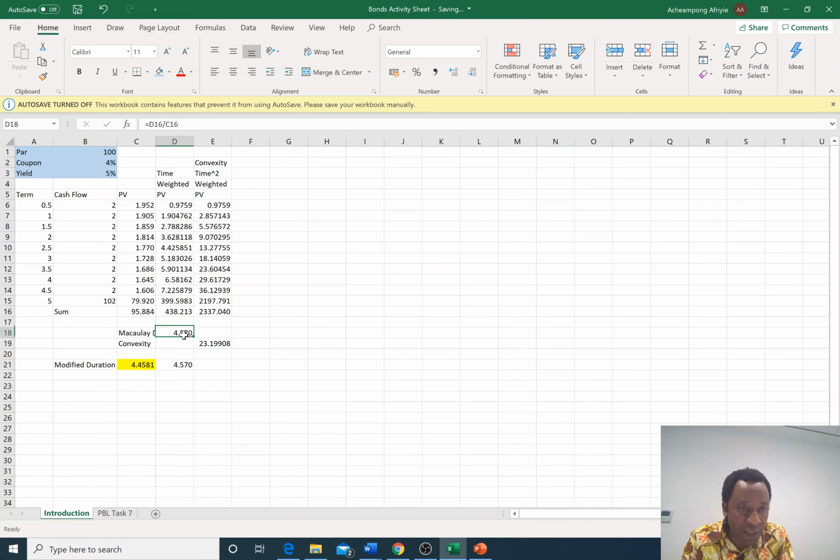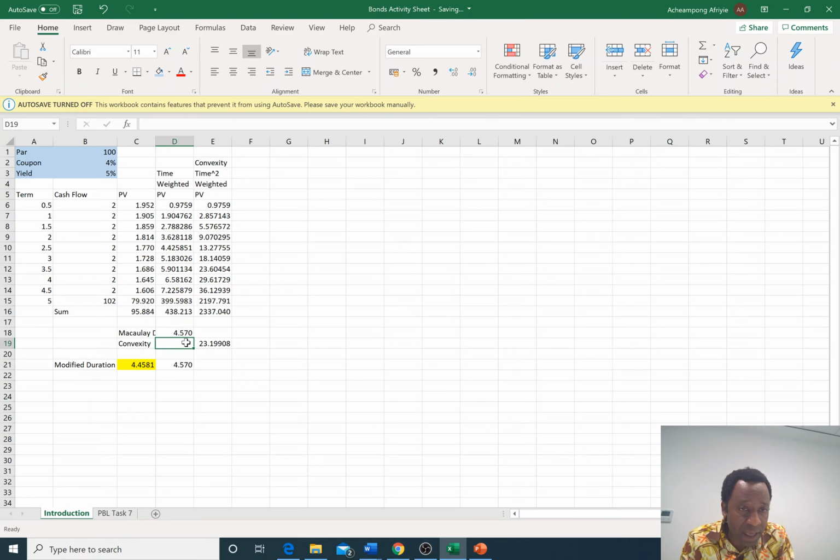To calculate the duration, we would divide the sum of the time weighted present values by the price. And if we did that, we come up with a figure of 4.570. And this is the time, right? This is effectively the time it would take for all the cash flows to be equivalent to the price.